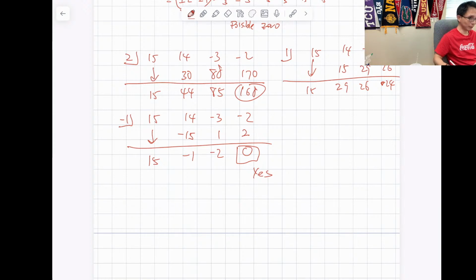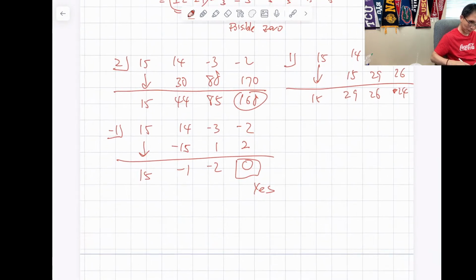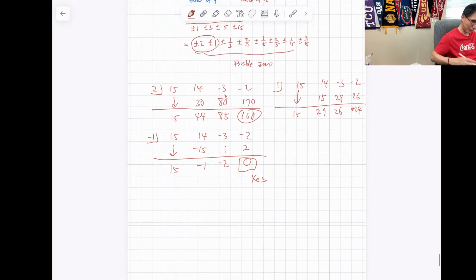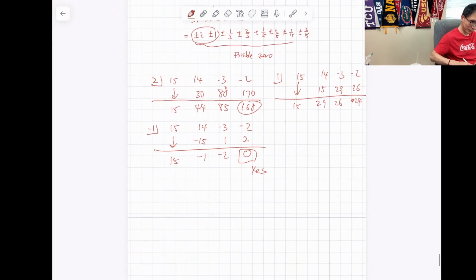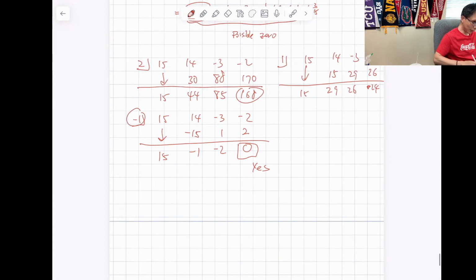No, I'm just kidding. But it's all good. Okay, so that means -1 is a zero. If -1 is a zero, that means the factor is what? x plus 1. Is that okay? Move the -1 over. And you got 15x squared minus x minus 2.